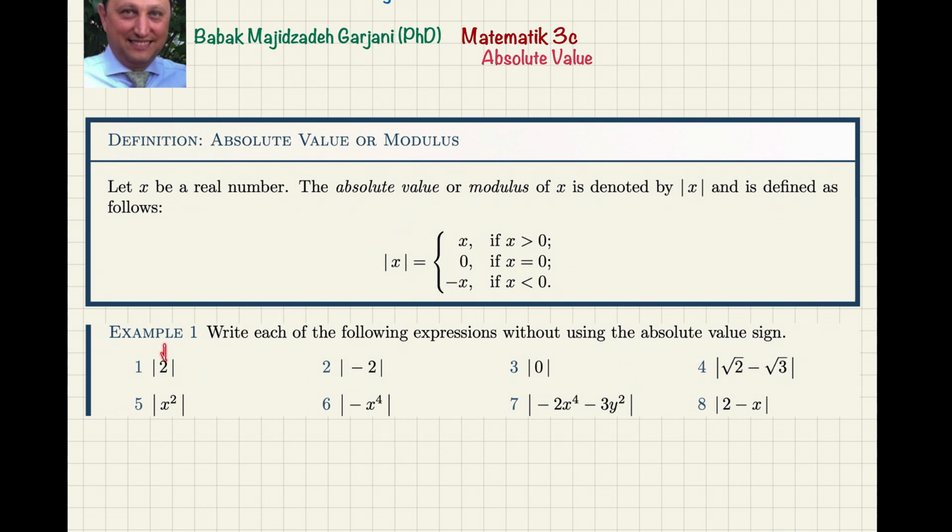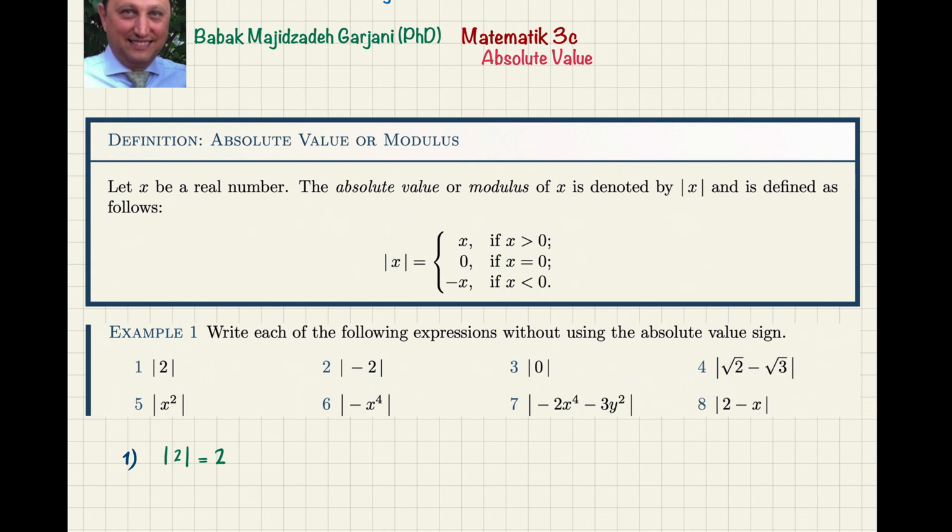When I look inside, I see number 2, and I know this number 2 for sure is positive. So according to the definition, I just simply remove the absolute value. Here I would say that the absolute value of 2 is equal to 2. If someone asks me why, I would say that because 2 is certainly a positive number.